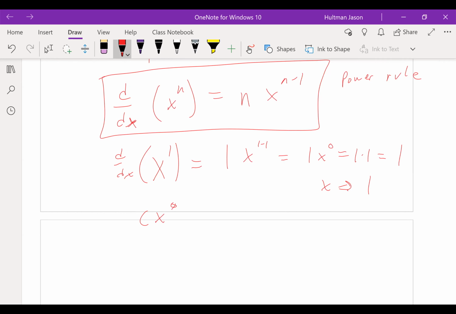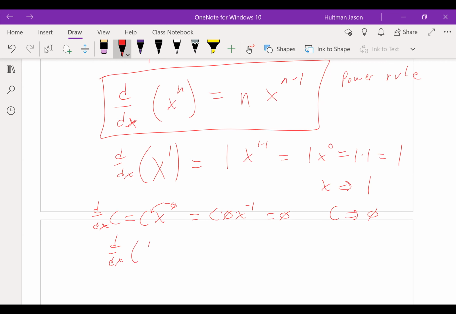Let's bring the exponent in front, and this becomes c times 0, x to the negative 1. Well, what's anything times 0? That's 0. So the derivative of c is equal to 0. So constant becomes 0.